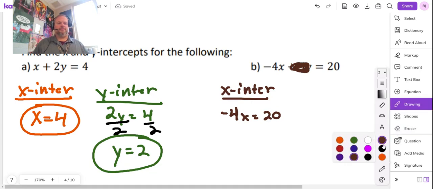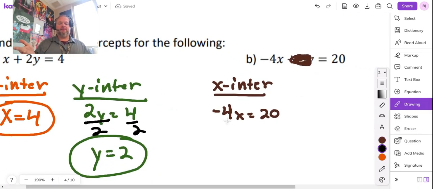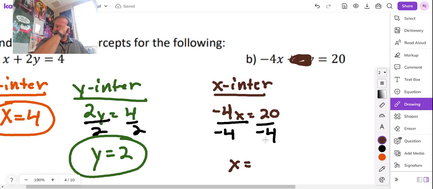Again, my only step to solve these is to divide. This is a positive divided by a negative, so it's going to be negative. 20 divided by 4 is 5.